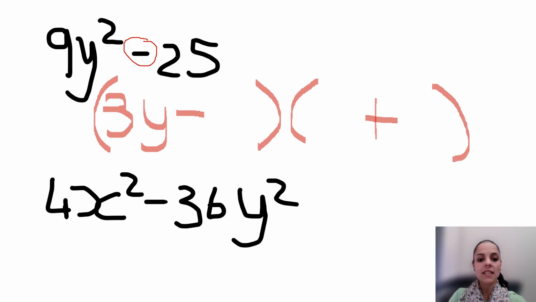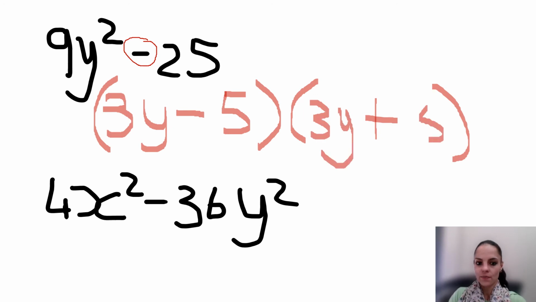It does not matter if you do the plus first and the minus second, as long as it's just there. Okay, next, 25, you will have 5. 5 times 5 is 25. And then you do exactly the same in the next one, except that you already have your positive. And now it is factorized.